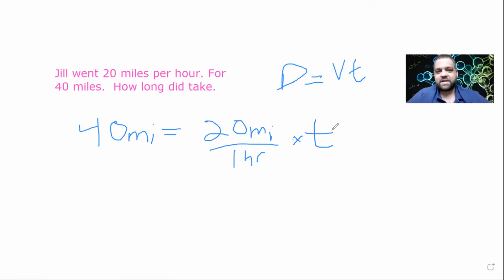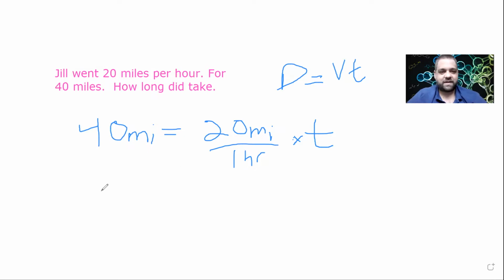Okay. So we're just going to divide there. So I'm going to divide by this 20 miles per hour. And if you remember your fractions, when you divide by this kind of fraction, the fractions flip.